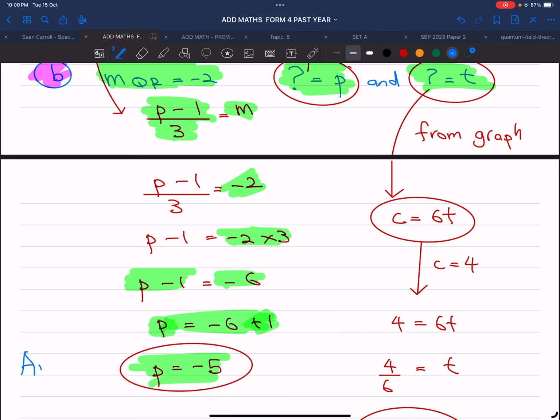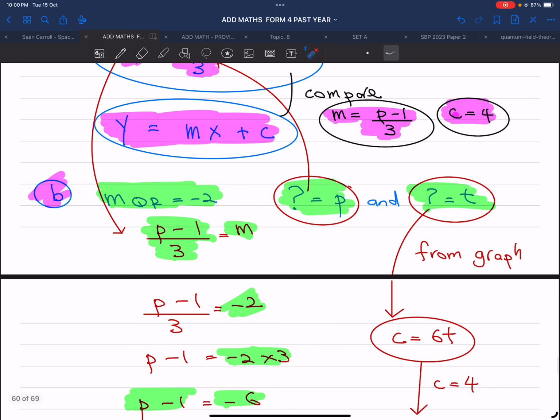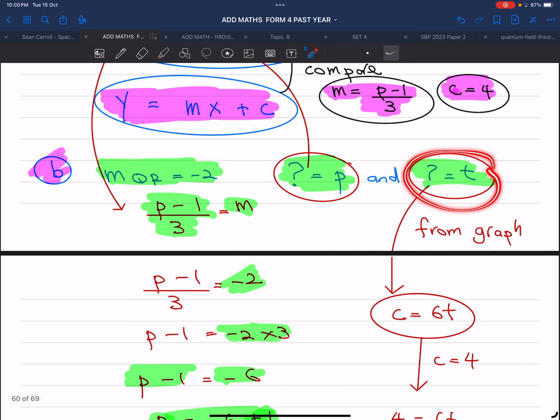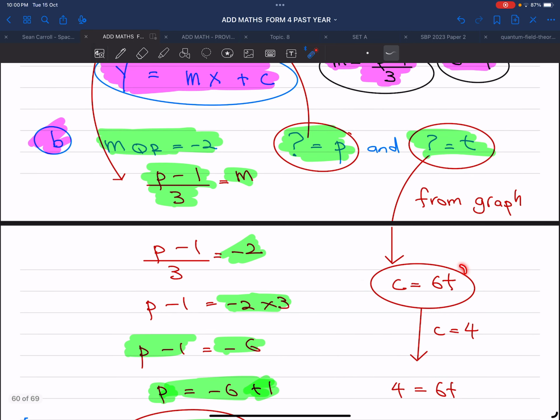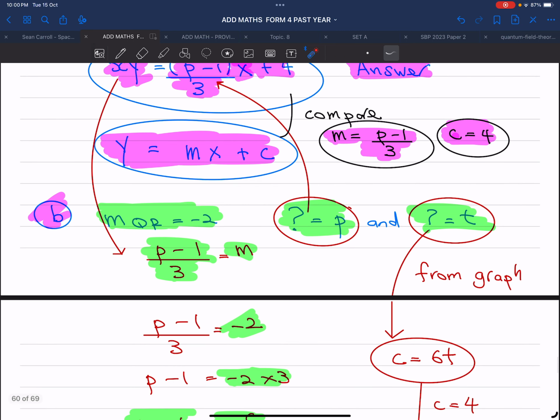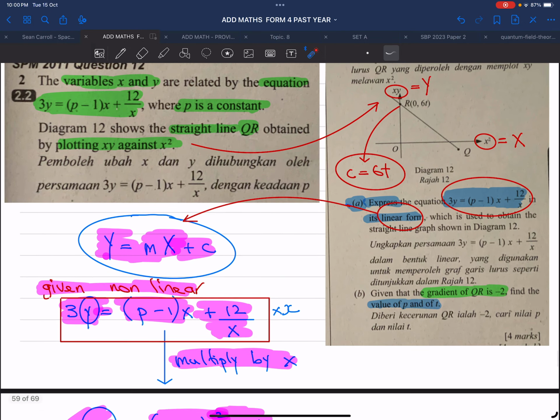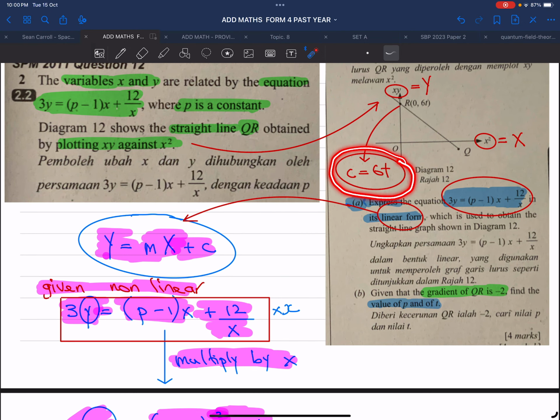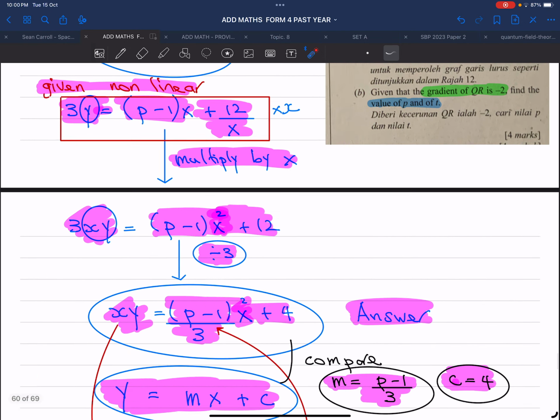Now for the second part, t. I use the information involving t, which is from the graph. I go to t, which is C equals 60t. This is got from the graph.